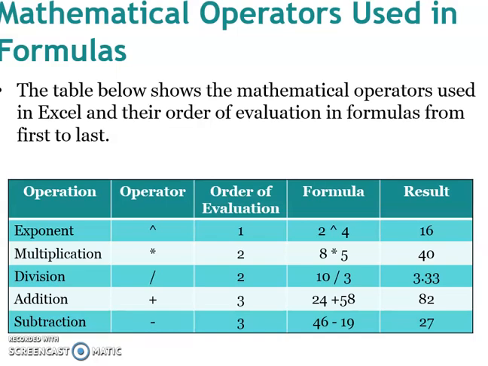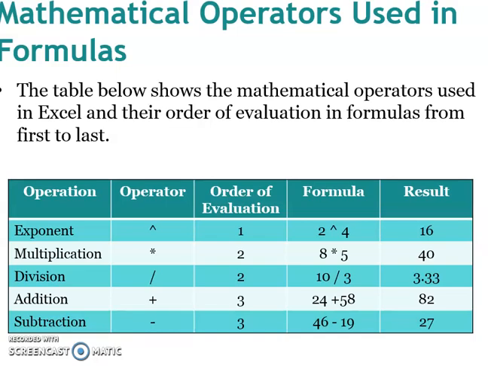Multiplication and division have order of evaluation number 2, which means they have the same priority. So if both are in a formula, we move from left to right and solve whichever comes first. If multiplication comes first, we solve it; if division comes first, we solve it.